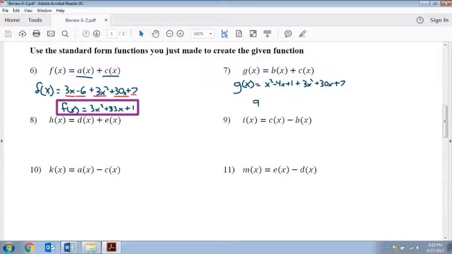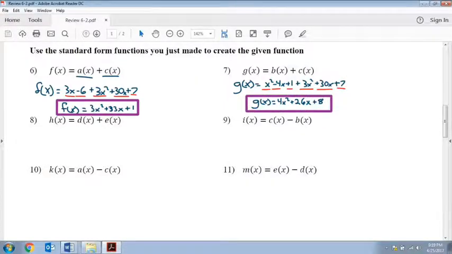So g of x equals x squared and 3x squared makes 4x squared. I've got negative 4x and positive 30x, so that makes positive 26x. And then I've got 1 and 7, which makes positive 8. So that's my g of x.